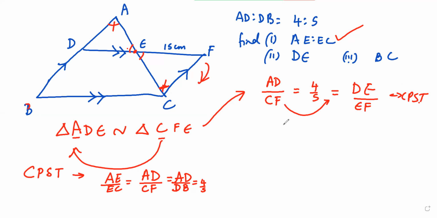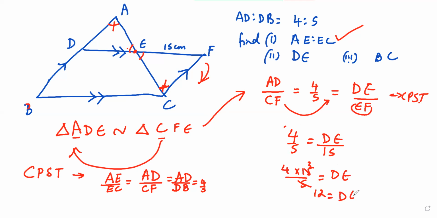And we already know what is EF, isn't it? What is this EF? It is 15 centimeters. So 4/5 is DE by 15. So if you cross multiply, 4 into 15 by 5 is DE. So 12 is equal to DE. That is, DE is equal to 12 centimeters.